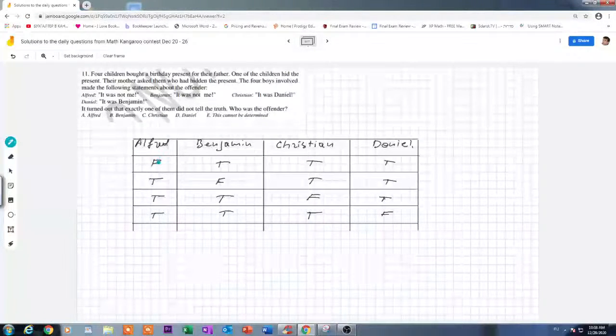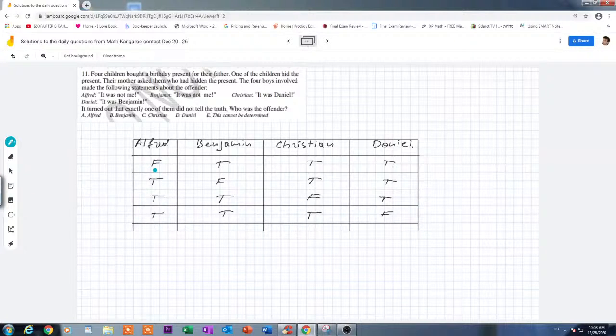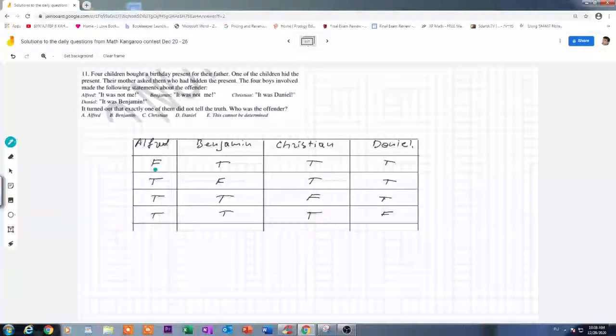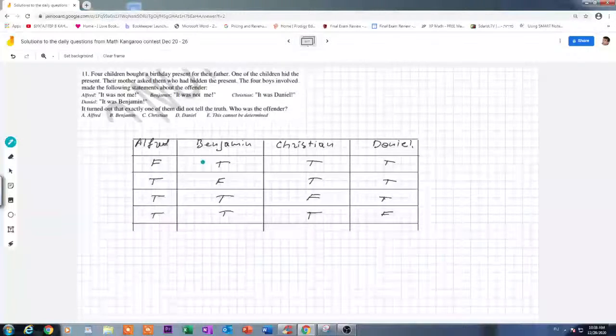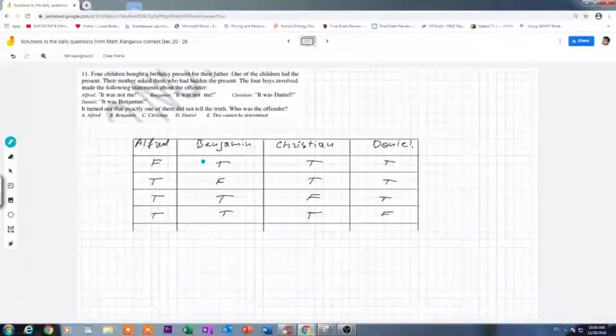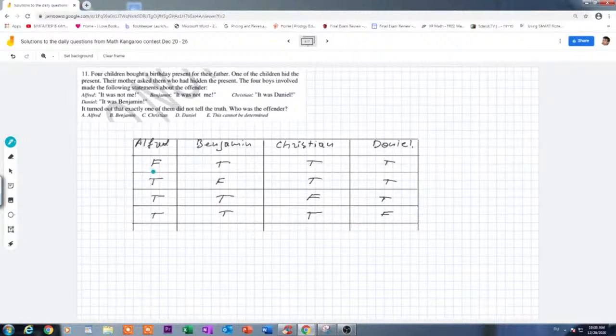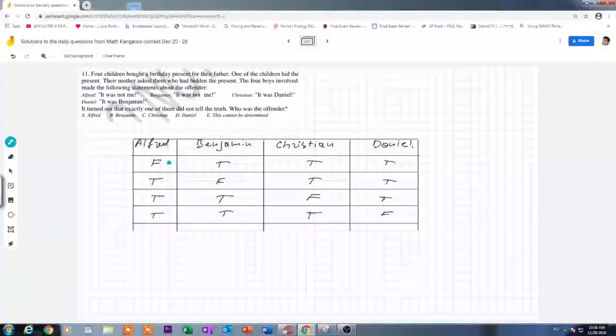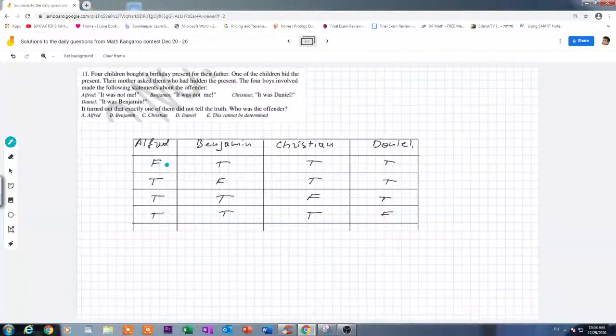Okay, so I built a truth table, right? F means false, it means the child that lied, and T means truth, the child that said the truth. So we have 4 possible scenarios, and we need to figure out which of them is possible. So we made 4 assumptions here. We assume that Alfred lied.